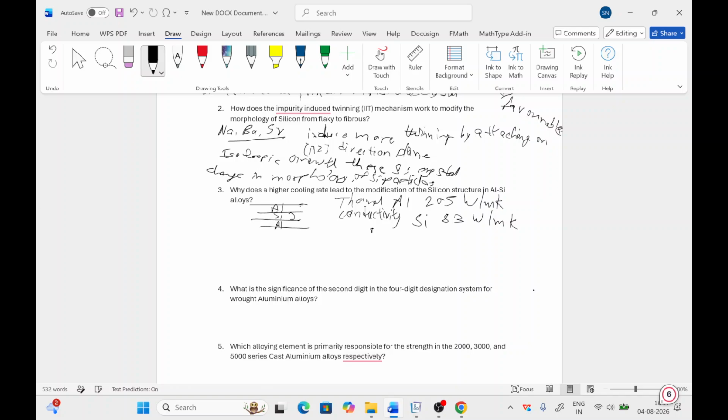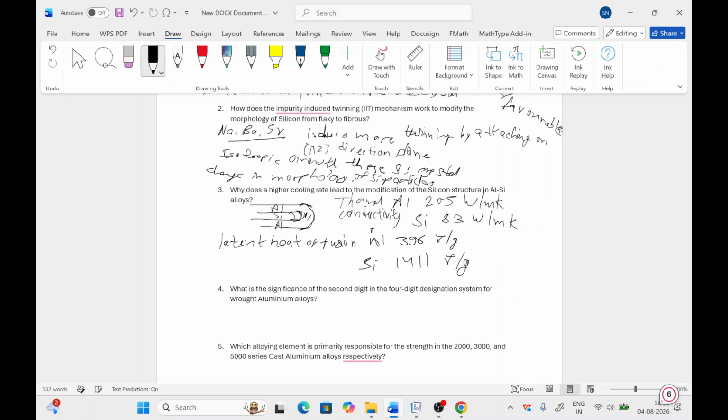So as the aluminum grows, this will stop the growth of silicon particles. Means this will be complete aluminum here, and the silicon particle growth will stop here. And also the latent heat of fusion for aluminum is 396 joule per gram, and for silicon it is 1411 joule per gram.